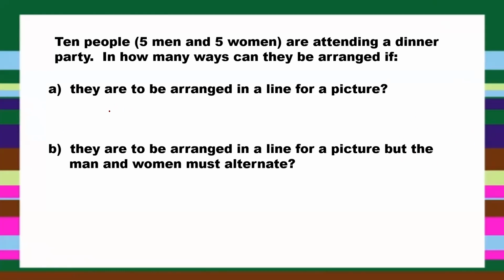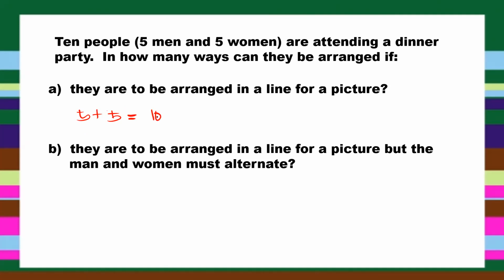So for letter A, they are to be arranged in a line for a picture. So kung i-arrange lang naman sila in a line, ibig sabihin, that's 5 plus 5 equals 10.